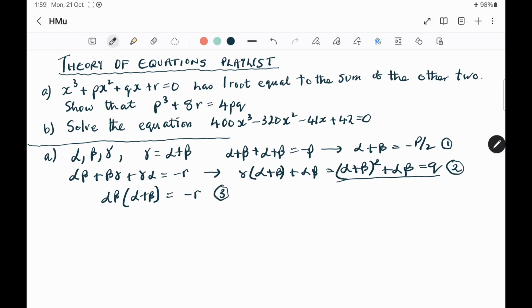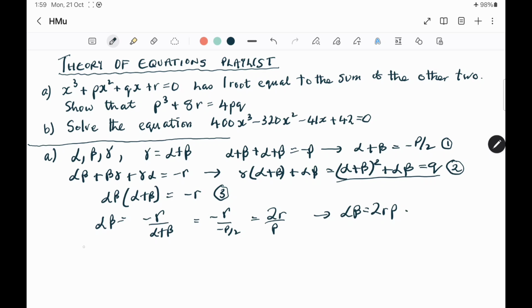So from number 3, we've got alpha beta equals minus r over alpha plus beta, which equals minus r over minus p over 2, which is 2r over p. So what we've got then is alpha beta equals 2r over p.